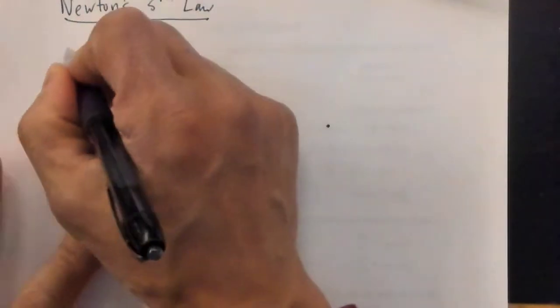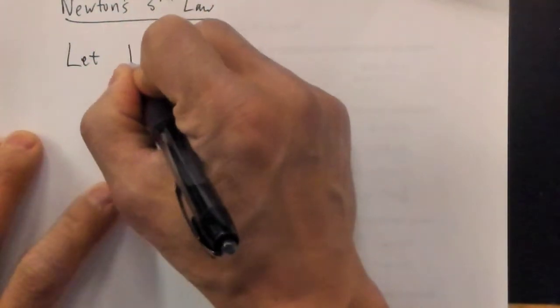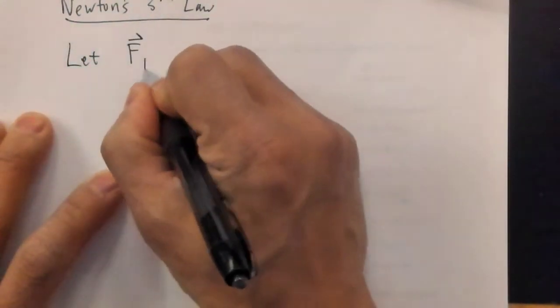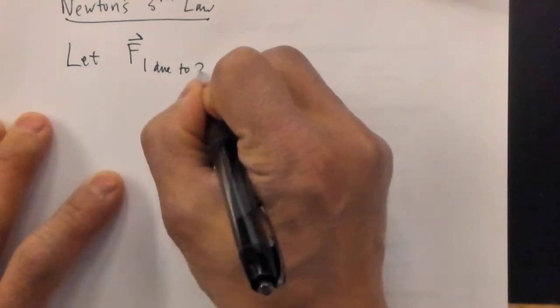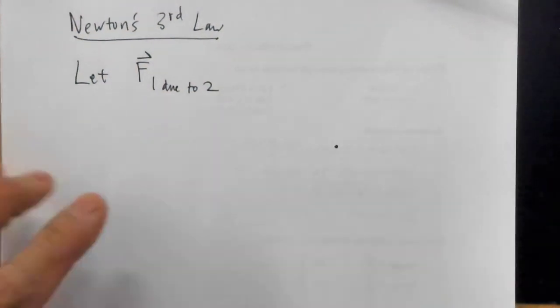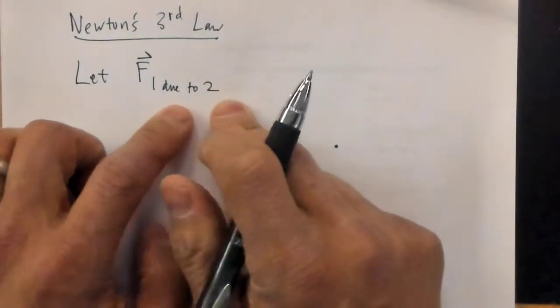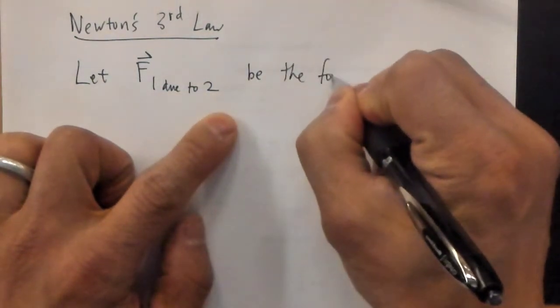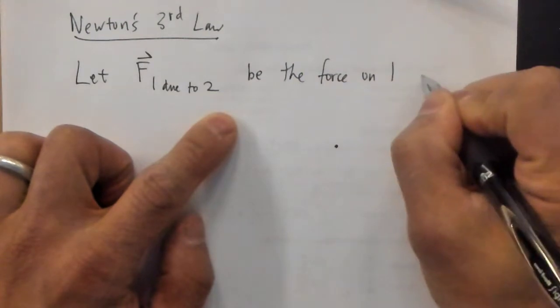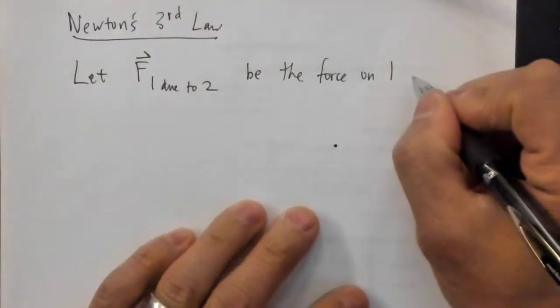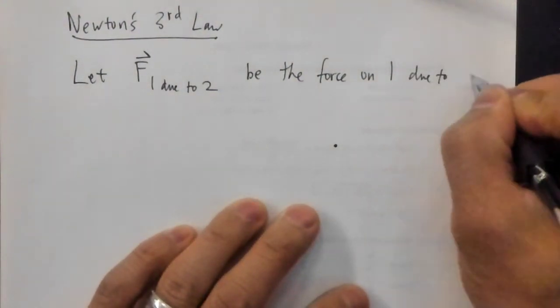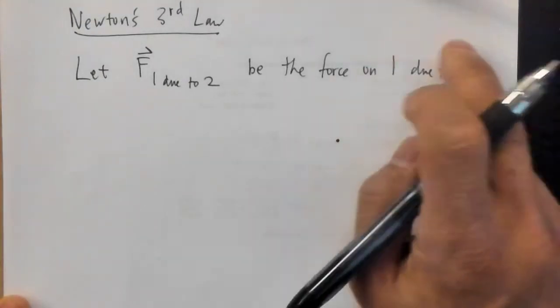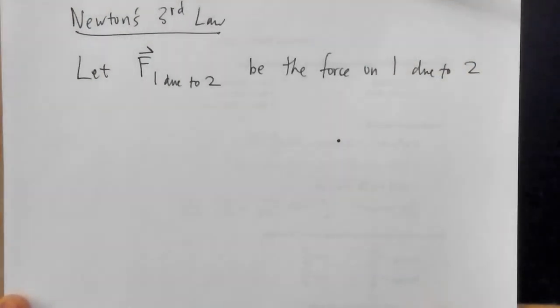So let me say it very clearly. Let F of 1 due to 2 be the force on object 1 due to object 2. I can write the word object here, but I think it's clear.